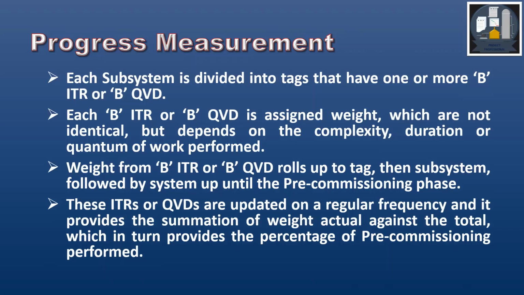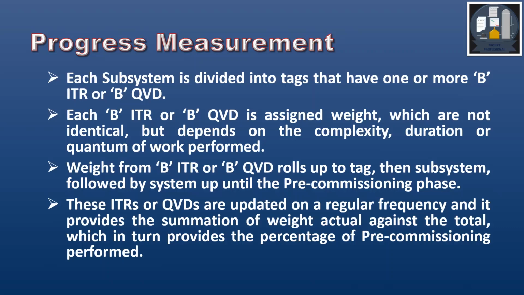Weight from B, ITR or QVD rolls up to the tag, then subsystem, followed by system, and up until the pre-commissioning phase. These ITRs or QVDs are updated on regular frequency, means as they get completed, so that weightage is gained, and it provides the summation of weight actual against the total.